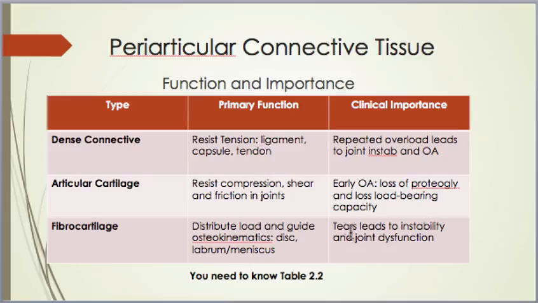And of course, fibrocartilage, such as labral or meniscus tears, also lead to subtle instabilities and joint dysfunction down the road. That's why many times people will opt for meniscus repair in the knee, because if you cut it out, it destabilizes the joint and tends to lead to earlier osteoarthritis.